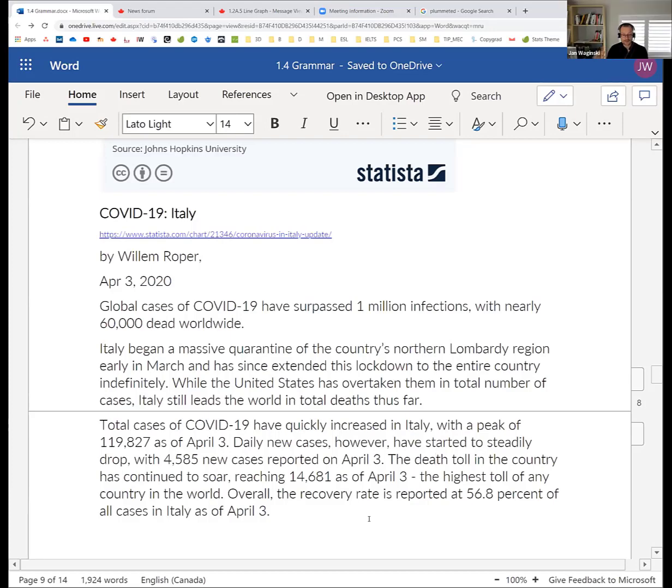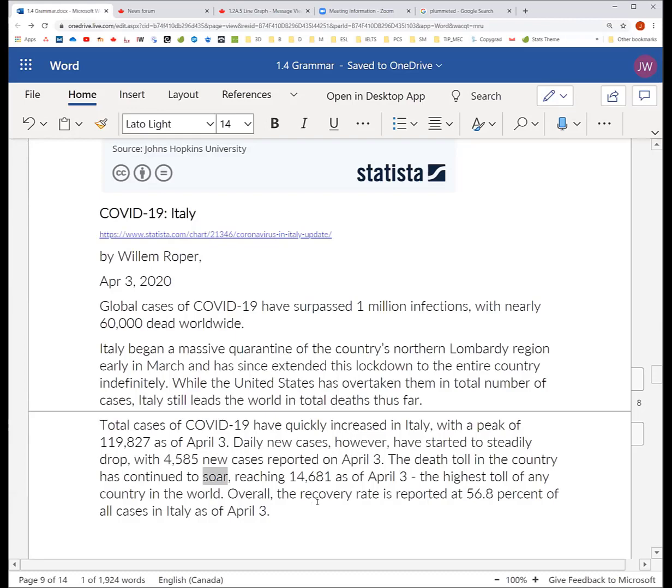Okay. Any questions about the vocabulary? No. Okay, so just a quick review then. To soar, that means increasing quickly, or what's the meaning of soar? Well, birds soar. Soar means fly at a very high altitude.